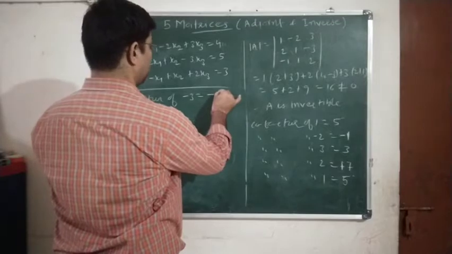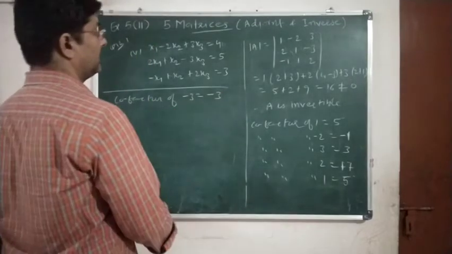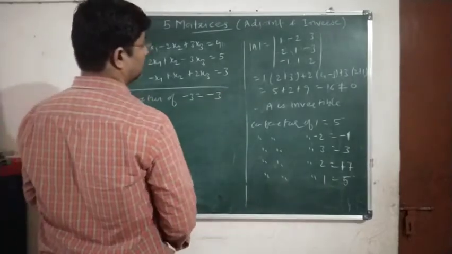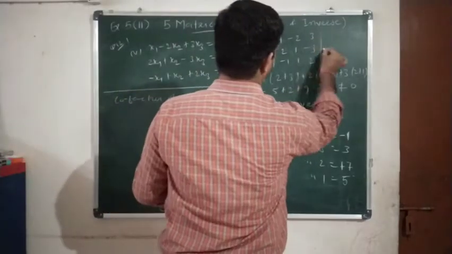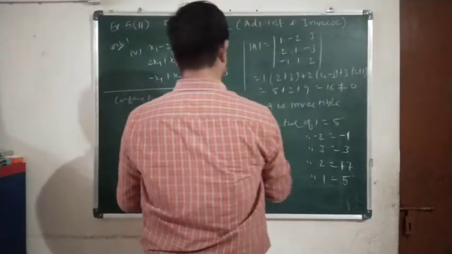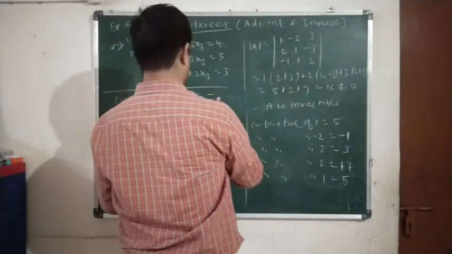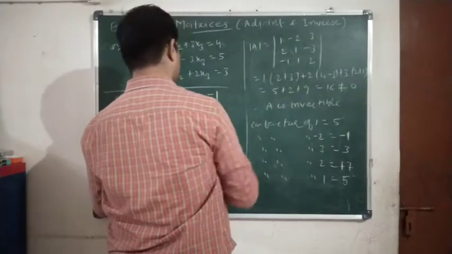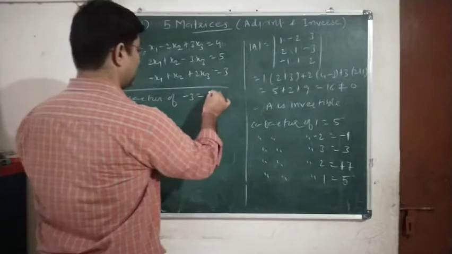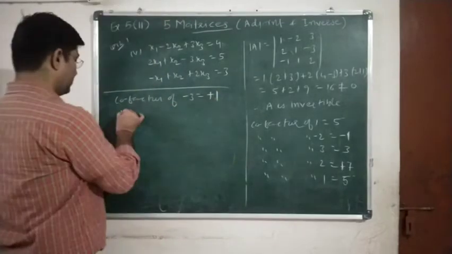So 1 plus 2 will be 3 only. Again let us check: 1 1s are 1 minus 2, so minus 1, and the sign is minus, so minus minus plus 1 we will get.